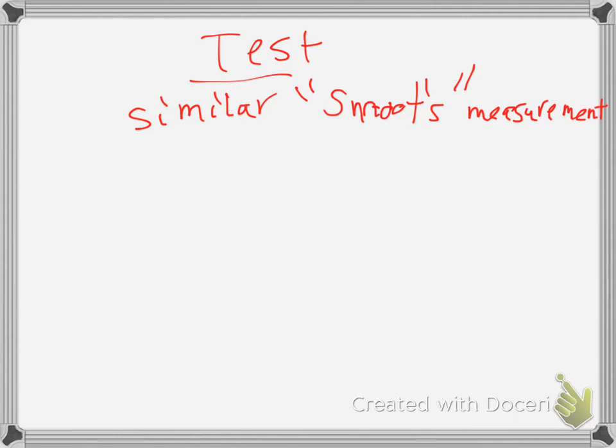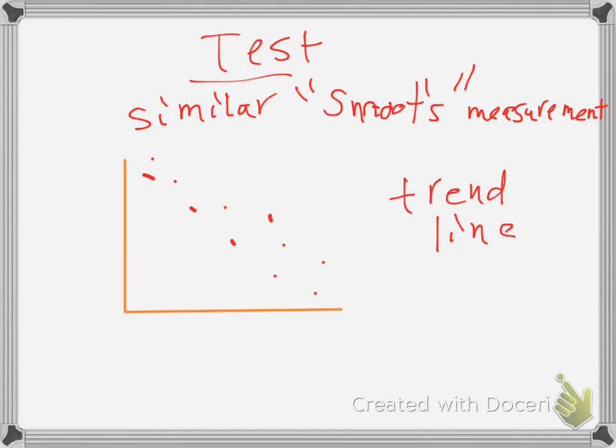Another thing that I meant to look at for the test is if I were to give you something like this, could you give me a trend line, or a line of best fit? This one happens to be going down, but this is actually very hard to do on this iPad.